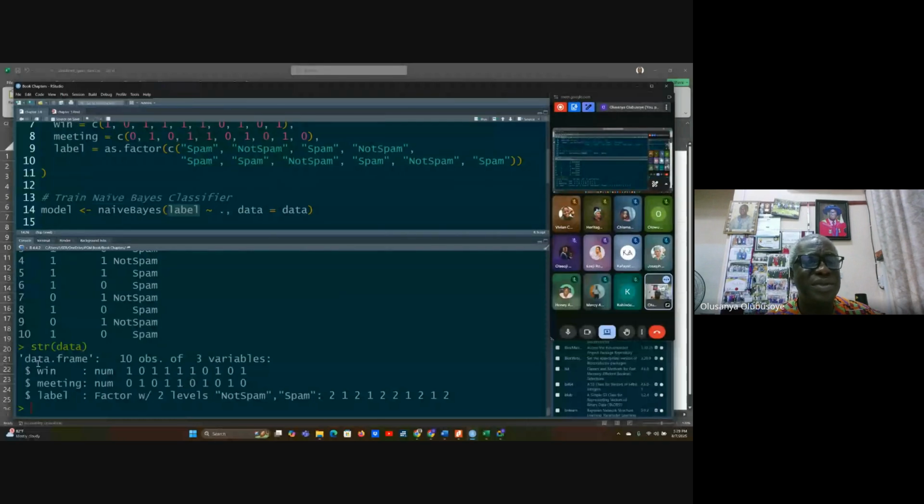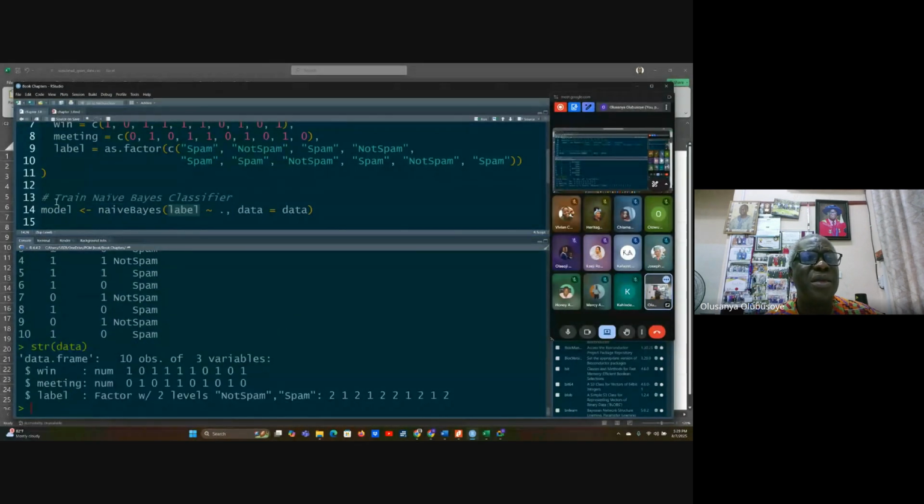This is the internal structure, which means you have 10 observations and 3 variables: win and meeting, both of which are numeric, and label, which is a factor with 2 levels, spam and not spam. So that's what you see here.